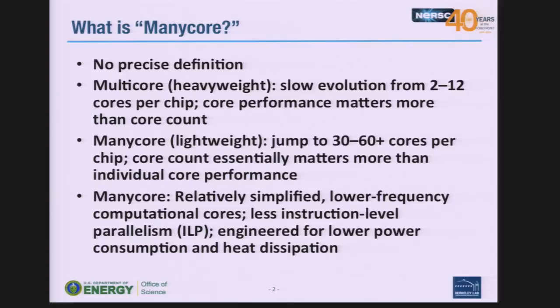One way you can think about it is with a many-core architecture, maybe the number of cores is more important than the speed of any given core, whereas in the multi-core era, you're still thinking more about single core and single thread performance. In terms of numbers, it's approximately an order of magnitude, maybe a half order of magnitude, different between what we're calling the multi-core era and the many-core era. So that's where this weird name comes from. I don't really know who defined it, but we're now using it all over the place.